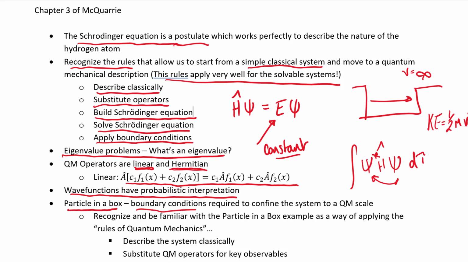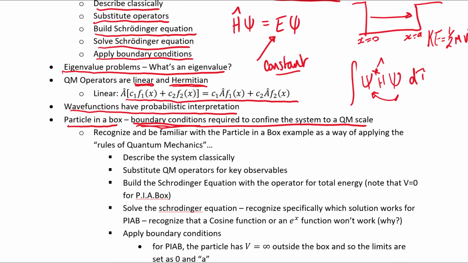We do have these boundary conditions, and that of course means that the probability of finding the electron at x equal to 0, or at x equal to a, a being the length of the box, has to be 0. Those boundary conditions help us find a single solution to the Schrödinger equation.